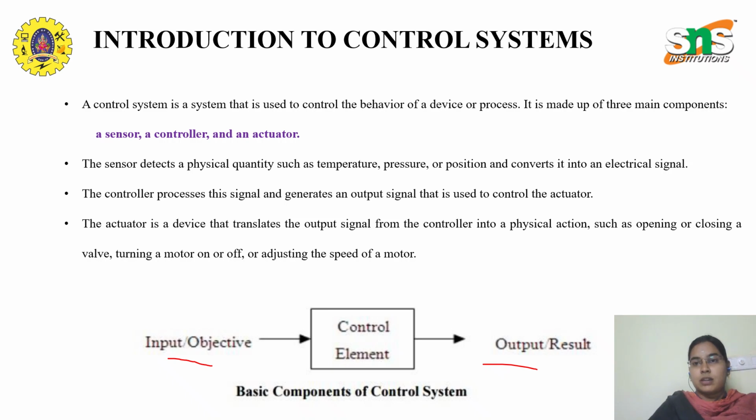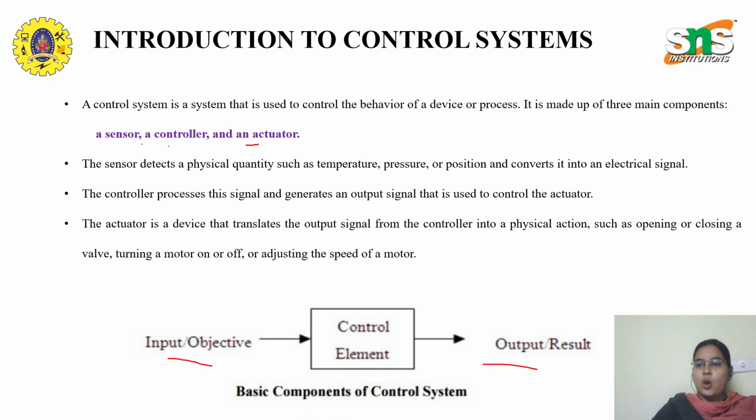The main components are a sensor, that is the input, a controller, that is your process, and an actuator, that is your output. The sensor detects the physical quantity such as temperature, pressure, position, and converts it into an electrical signal. Now what is the purpose of this controller? This controller processes the signal and then generates an output signal that is used to control the actuator. Now, what is this actuator?